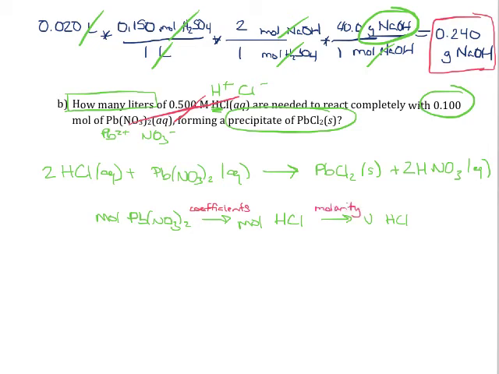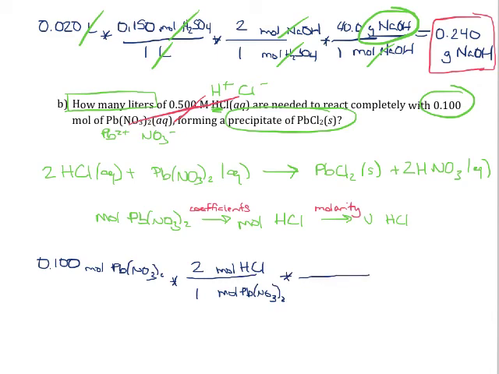So starting off this calculation, I've got my 0.100 moles of lead nitrate. I know that I really don't want to talk about moles of lead nitrate anymore. I want to think about moles of the hydrochloric acid. Based on this chemical reaction, I know that I consume 2 moles of acid every time I react with 1 mole of the lead nitrate.